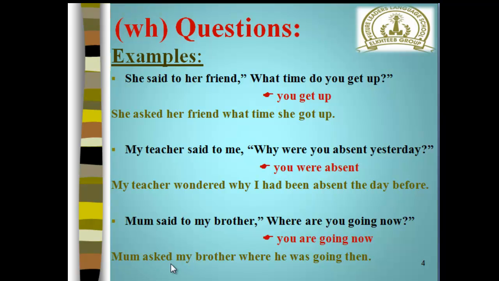My mom asked my brother where he was going then. We changed you into he according to the speaker, present simple into was, now into then. All of these changes in punctuation marks, tenses, pronouns, and adverbs happen because we report out-of-date reporting.